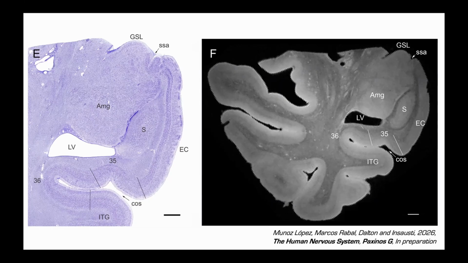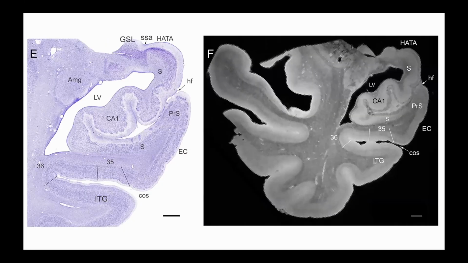And then on the other side, we had one of the 7 Tesla images that Paul and his team are able to take from postmortem brains, and we could use the same cases in MRI images and histology to segment the different subareas, and with hope we could apply this soon automatically to humans, as we heard yesterday from Paul.